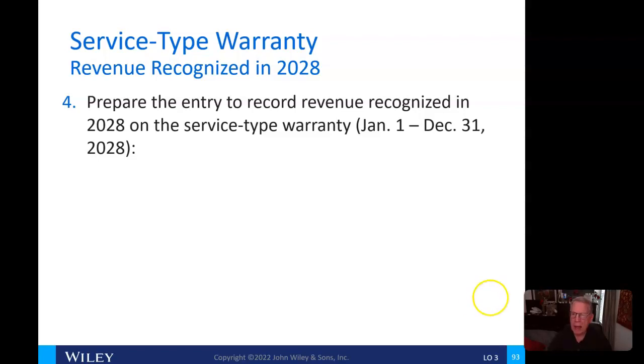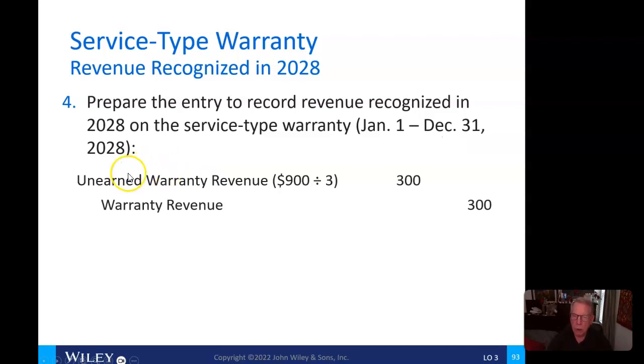Okay. And now we're going to recognize revenue in 2028. We'll prepare the entry to record the revenue recognized in 2028 on the service type warranty. That's January 1 through December 31, 2028.